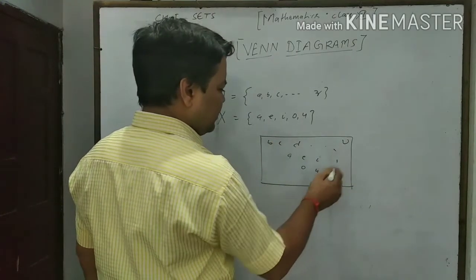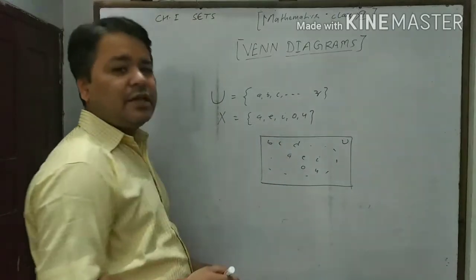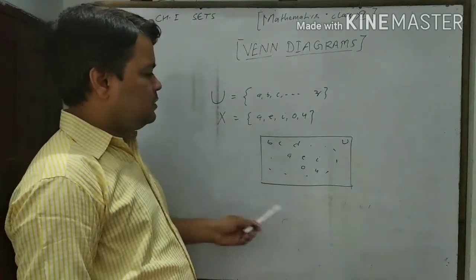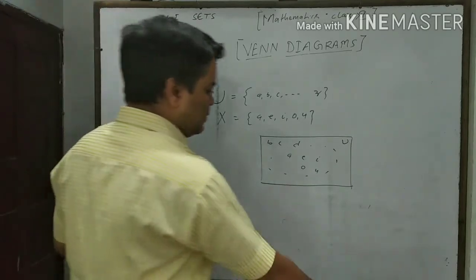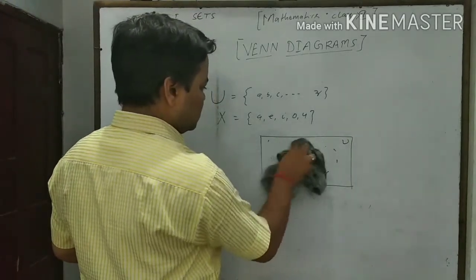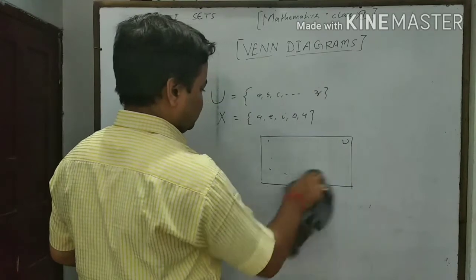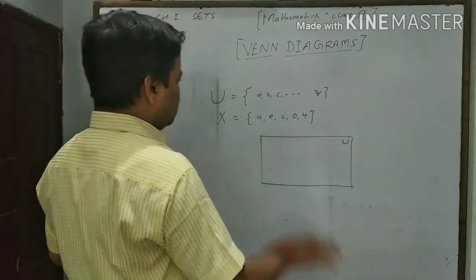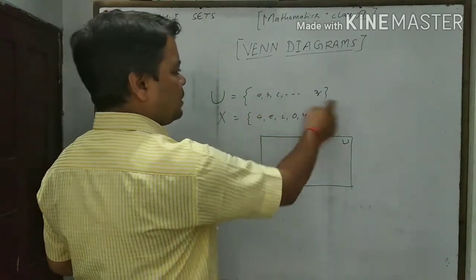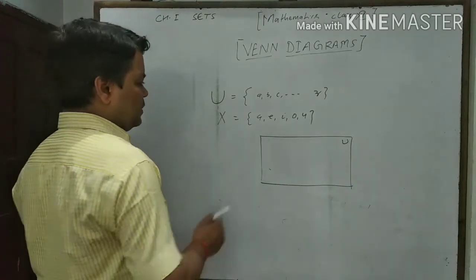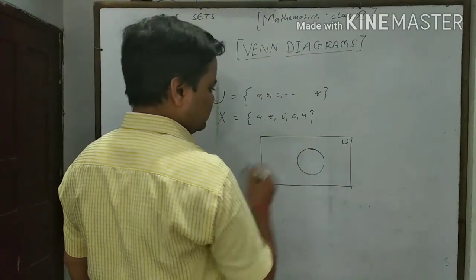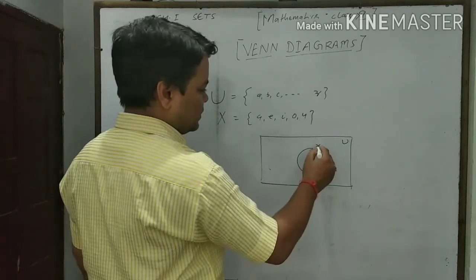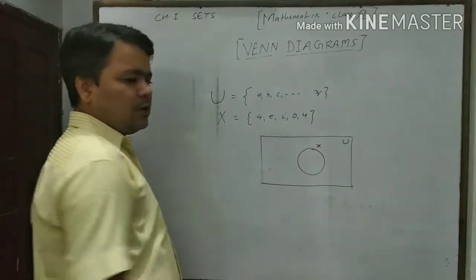But it is very difficult to write all the elements here. Then we use a symbol for this, where U is all the alphabets, 26 letters. Here X is a set of vowels.